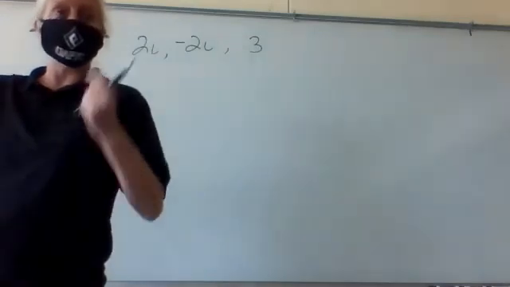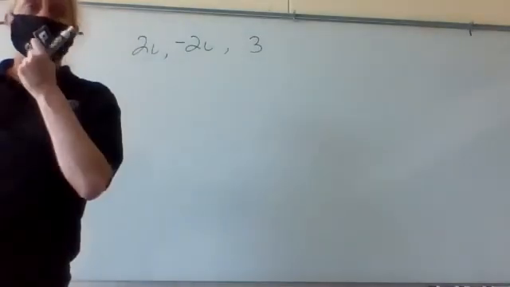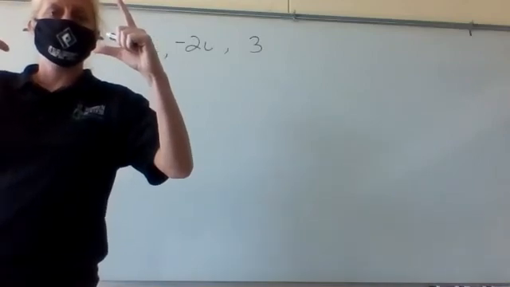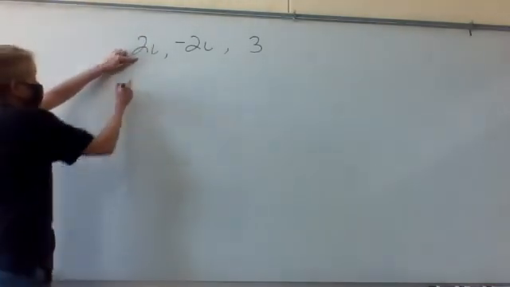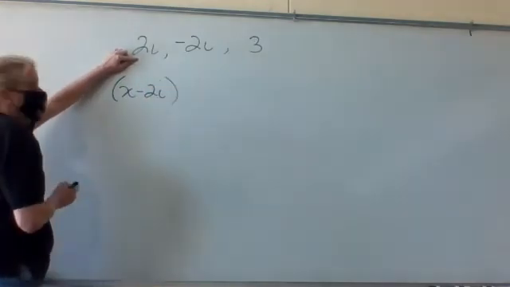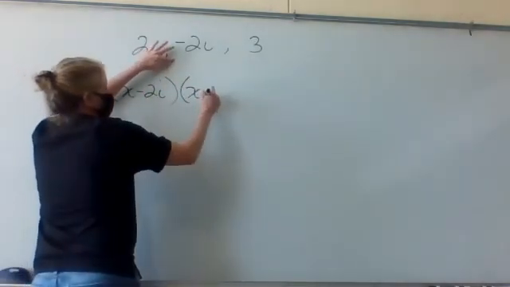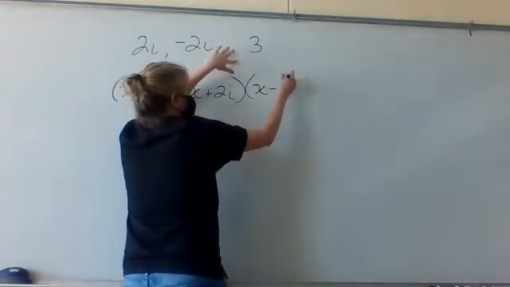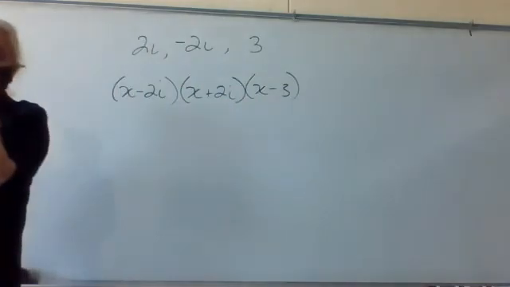Now, just like all the other ones that I've worked today, I need to turn those into the factors that they came from. So let's see, if that's a 0, that means it came from x minus 2i. This one came from x plus 2i, and this one came from x minus 3.